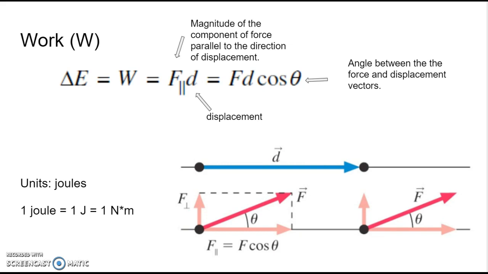Instead of writing newton times meters everywhere, we define that 1 newton times 1 meter is called 1 joule, and we symbolize that with a capital J. You might be familiar with this unit from chemistry class. Joule was a famous chemist and physicist, so the unit of energy is named after him.